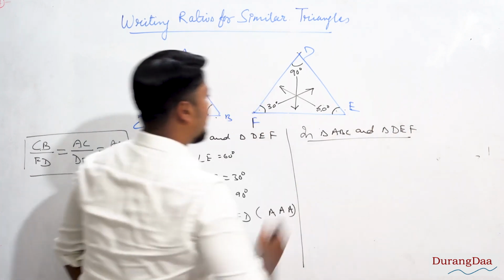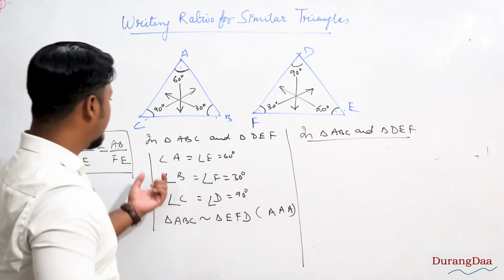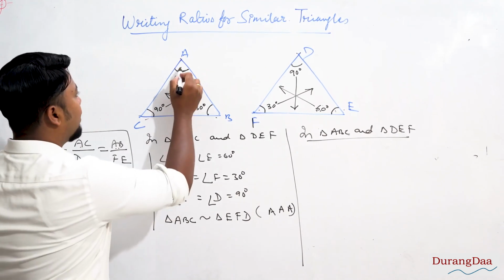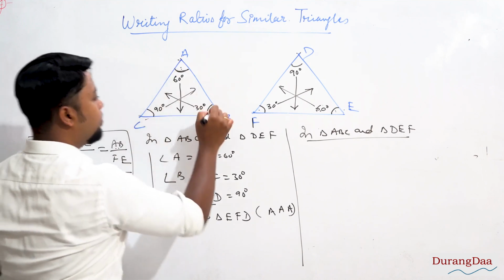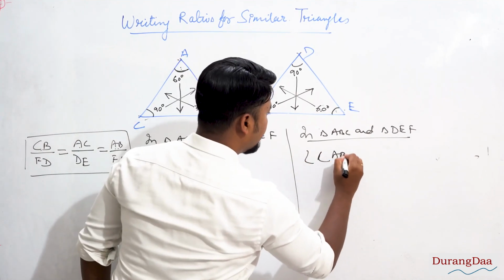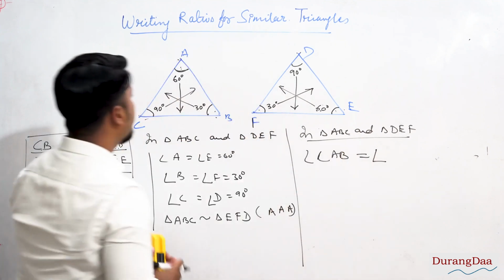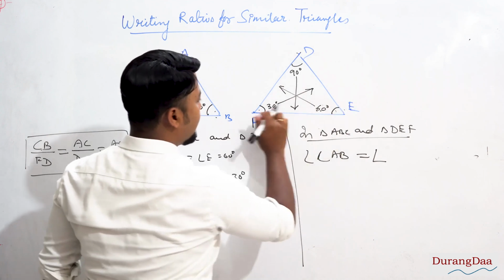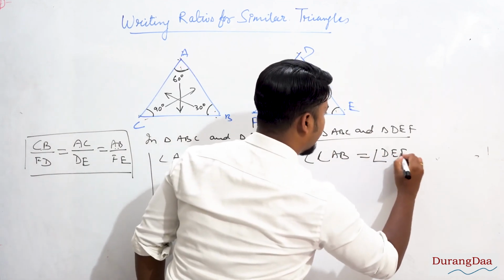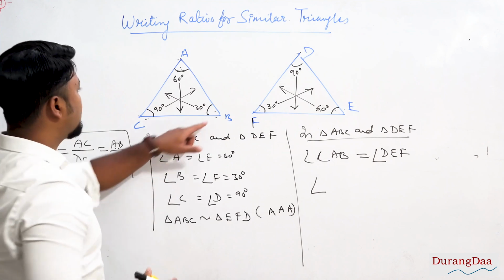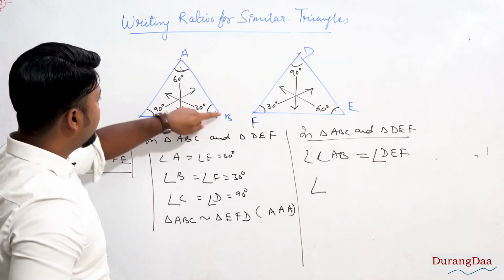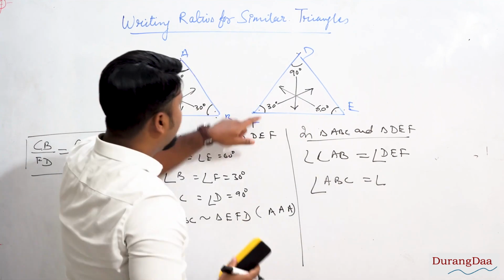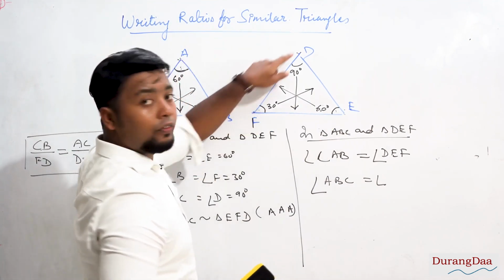Now in the second method, you need to write the full name of the angle. Angle A is called CAB. Angle CAB equals angle A, which is equal to angle E, so this is DEF. The second angle, this one of 30 degrees, is angle ABC, which is equal to the 30 degree angle here, which is EFD.